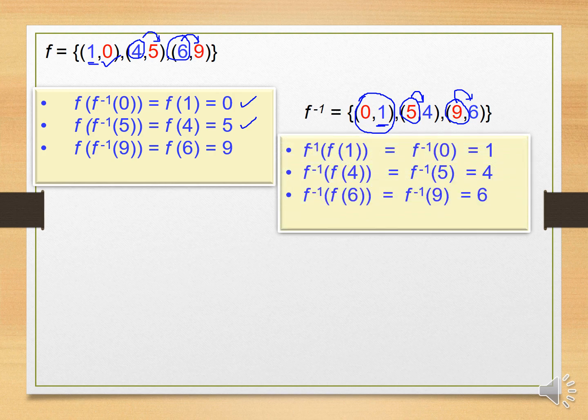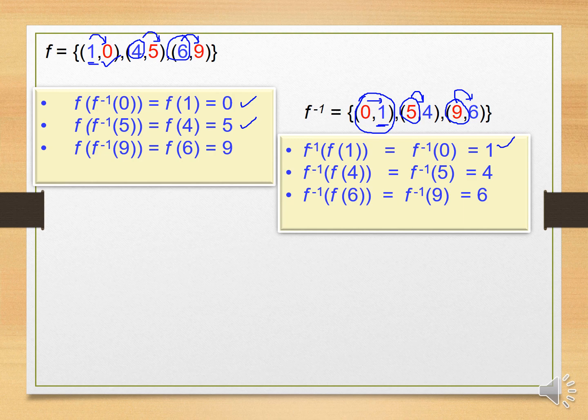Similarly, if we do f inverse composite f, for the first pair, f inverse composite f(1), f(1) equals 0, f inverse of 0 equals 1.